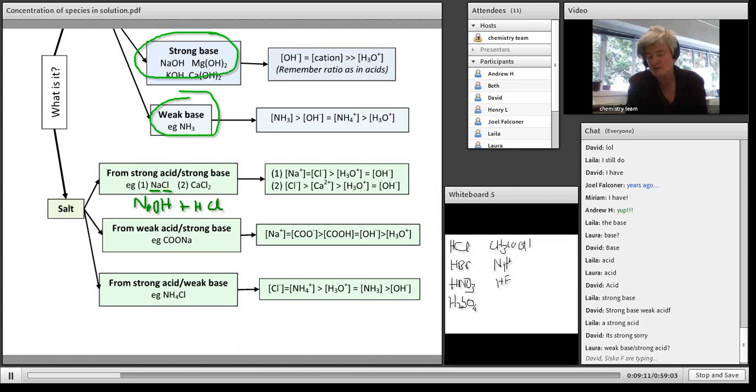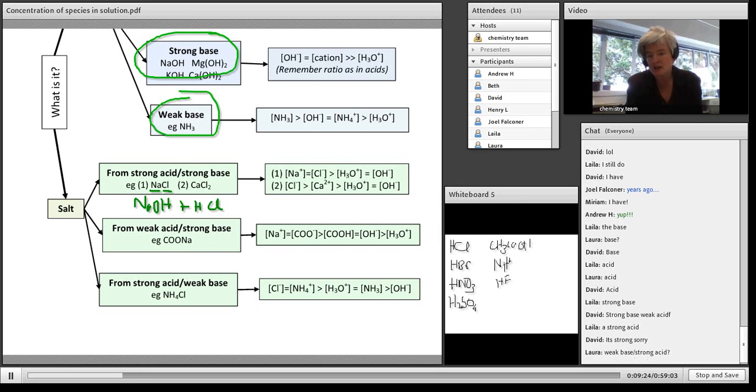What sort of acid does nitrate come from? Laura, correct, a weak base, strong acid, because ammonium comes from ammonia, which is a weak base. Nitrate, if you added some H pluses to it, then it would be nitric acid, which is a strong acid. Okay, correct.